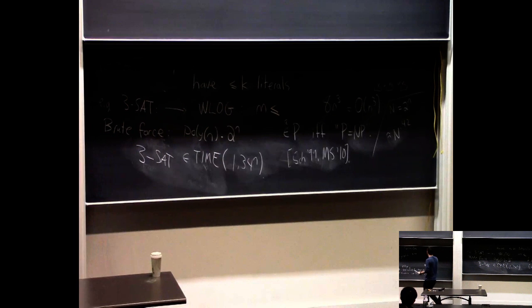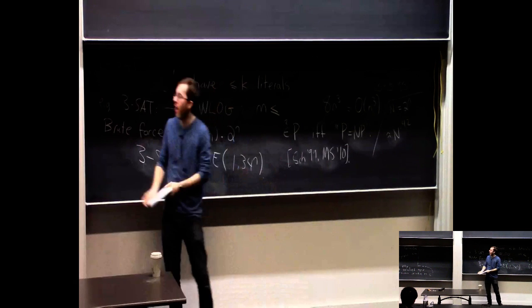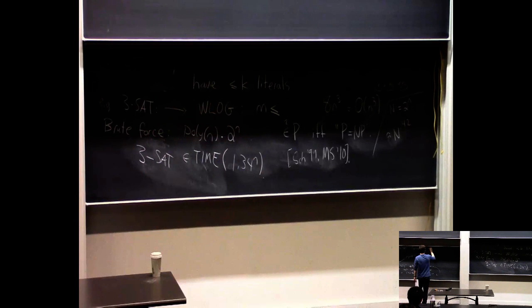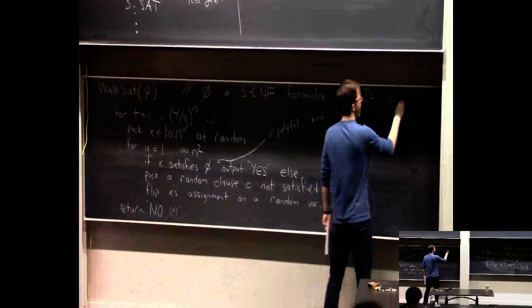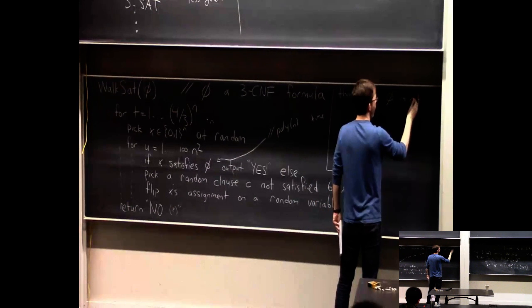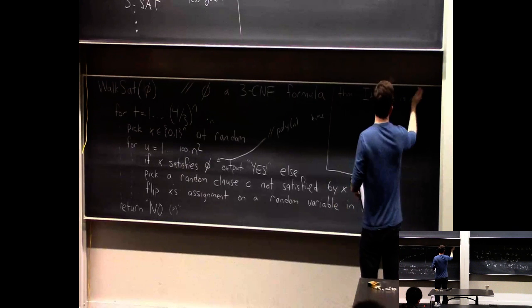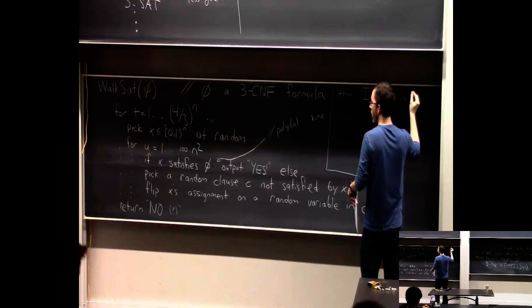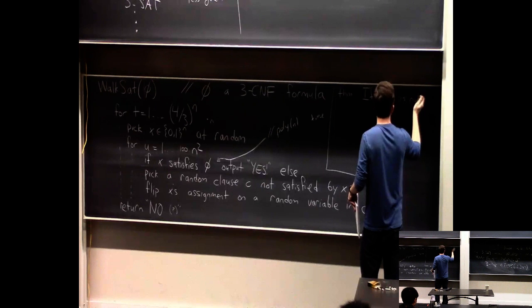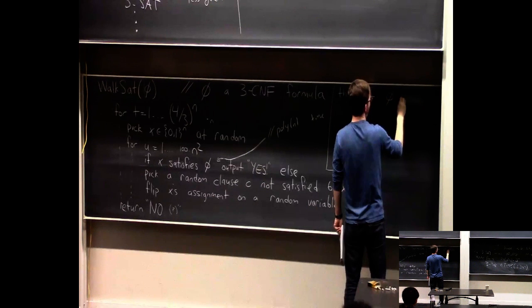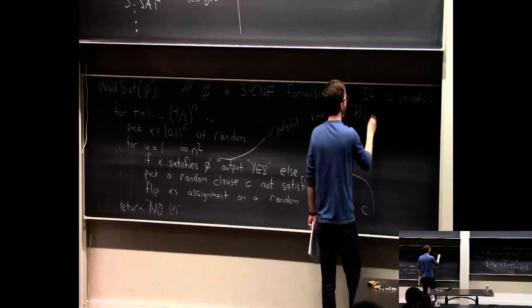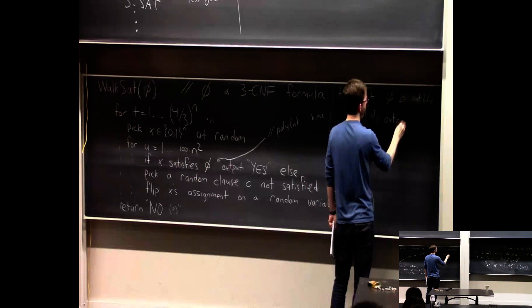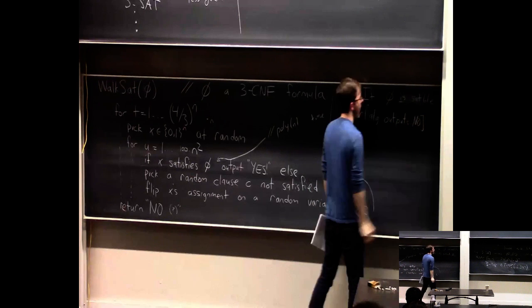But here is a theorem. The main work of this person was to design this algorithm and prove this theorem, which is that if the input 3CNF is satisfiable, the probability that the algorithm outputs no wrongly is very small.